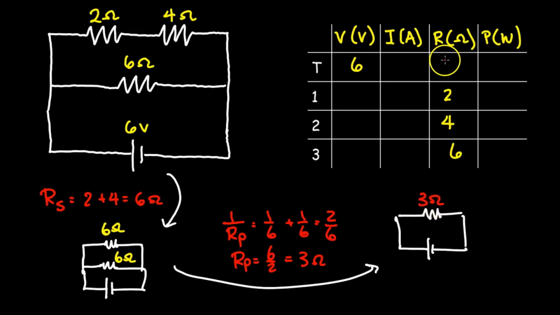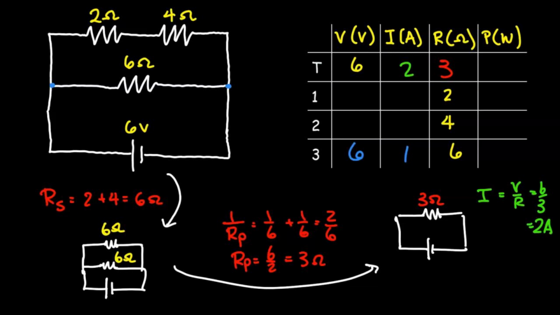To get the current through the battery, we'll use I equals V over R, which we get 6 over 3 equals 2 amperes. Since the 6 ohm resistor is in parallel with the battery, it also has the same voltage as the battery, which is 6 volts. We'll calculate its current using I equals V over R. 6 over 6 equals 1.